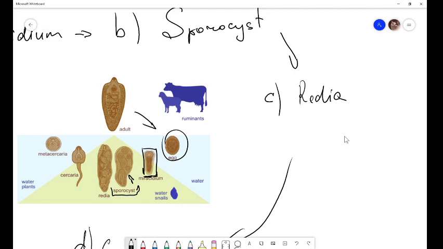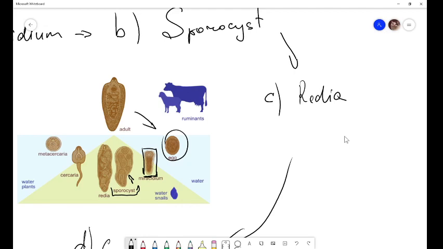And inside this organism we can see two processes: germinal cells which develop into daughter rediae or develop into cercariae. Okay, and sporocyst can make a lot of rediae, or can make a lot of cercariae.